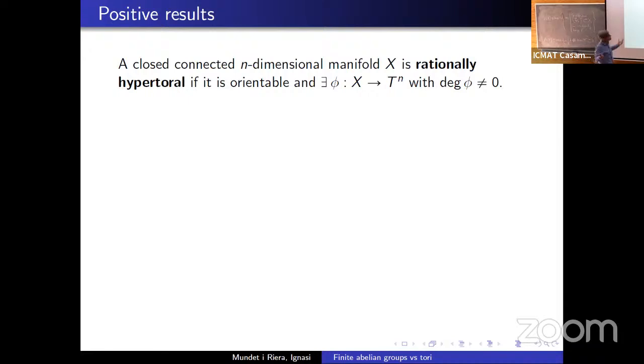Of course, Tn is rationally hypertoral, but Tn connected sum with whatever n-dimensional manifold is also rationally hypertoral. And you can also give examples of rationally hypertoral manifolds that don't admit any map to Tn of degree 1 or minus 1. The family of rationally hypertoral manifolds is rich.